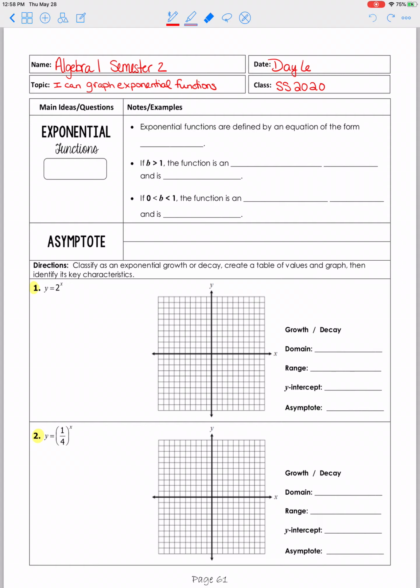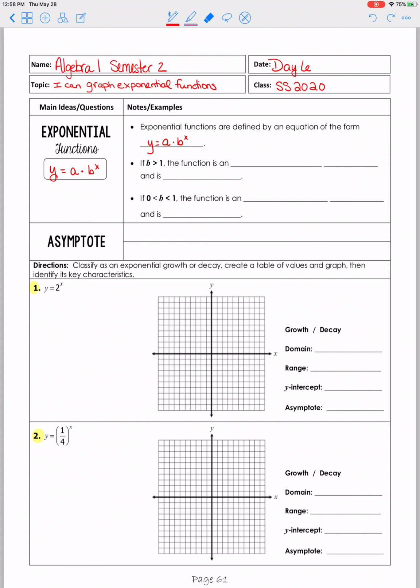Exponential functions are defined by an equation of the form y equals a times b to the x. I'm going to put that over here just so you've got it. The b value is the growth rate of the change for the exponential function.